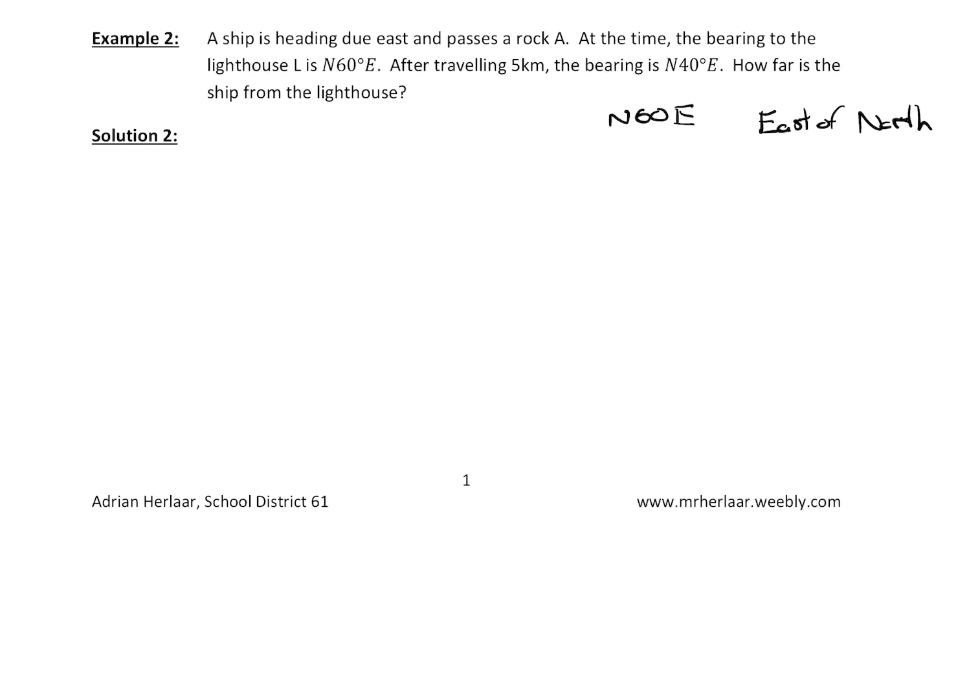A ship is heading due east. So at the time, the bearing to the lighthouse, okay? So we have a ship heading east, which means we have a ship heading that way, okay? And then there's a lighthouse that is north 60 degrees east, which means it's east 60 degrees from north, which means if this is north, right, 60 degrees east of north in here.